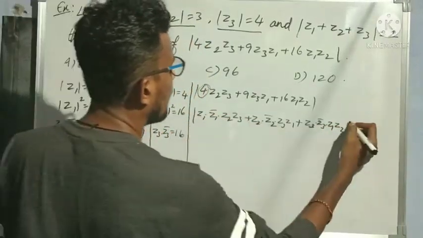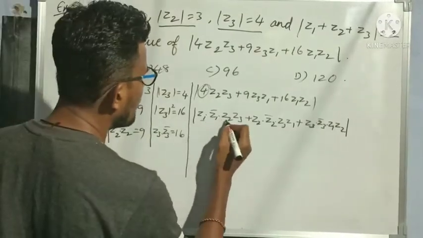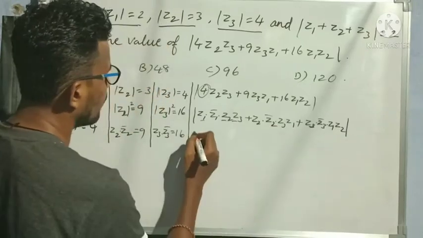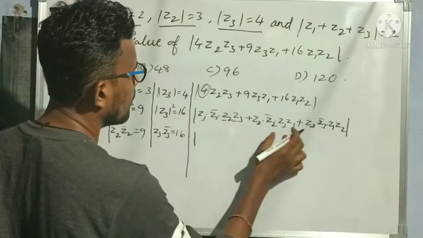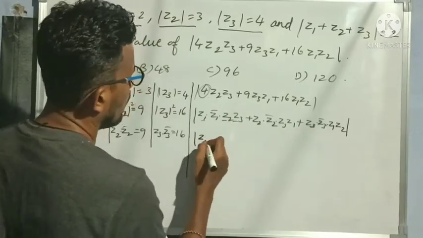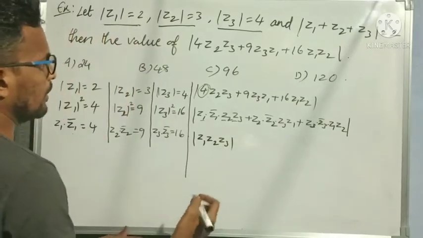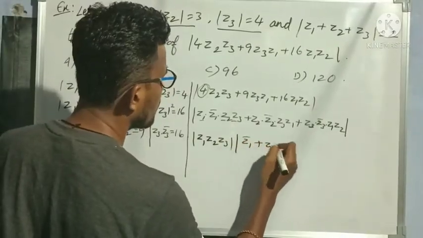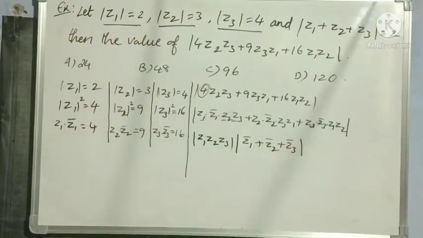For all of this I have the modulus. In every term I am getting z1, z2, z3 as common. So z1 z2 z3, along with the modulus, I am taking outside. I am left with modulus of z1 bar plus z2 bar plus z3 bar.